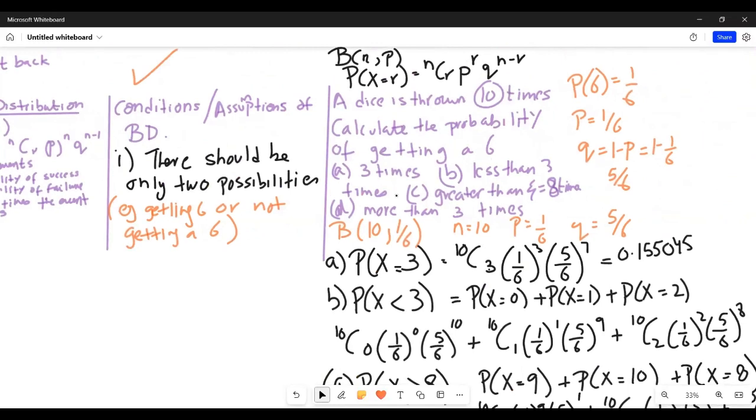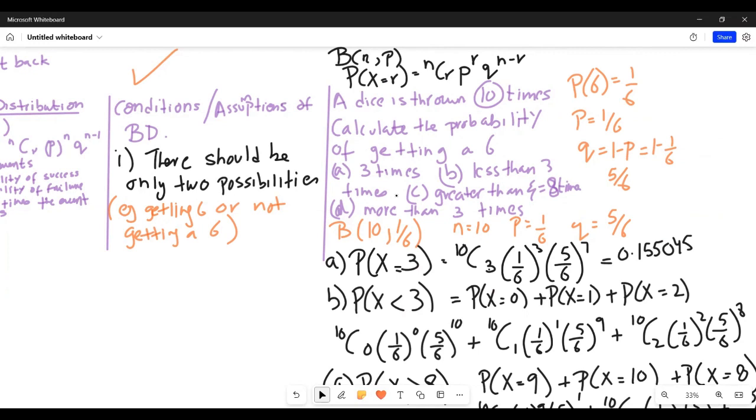The probability of one we will call p, the probability of success, the probability that the event is occurring, like 1 by 6, the probability of getting a 6 is 1 by 6. And the other possibility is when the event is not occurring, like in this case, you are not getting a 6. So that's going to be 5 by 6, which is q equals 5 by 6.